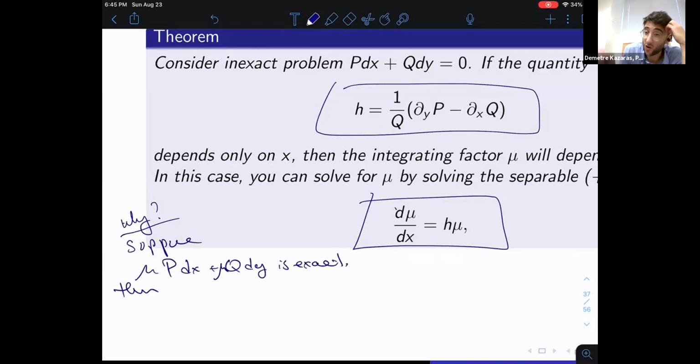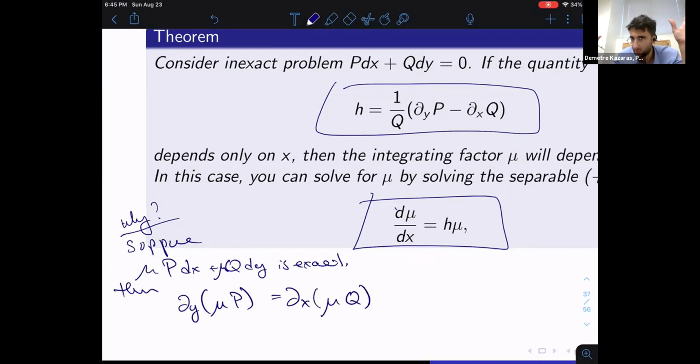That means, according to that fact that we saw from before, that the y derivative of mu p is equal to the x derivative of mu q. Remember that fact from before? If you take the x derivative of the thing over here, and that's equal to the y derivative of the thing on the left, that's the same thing as being exact. So I just wrote that down.